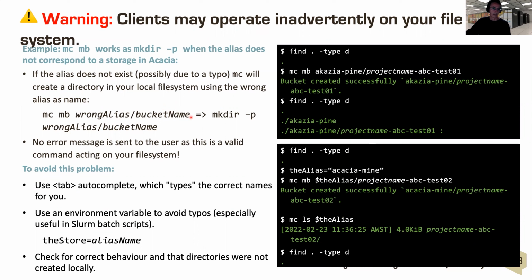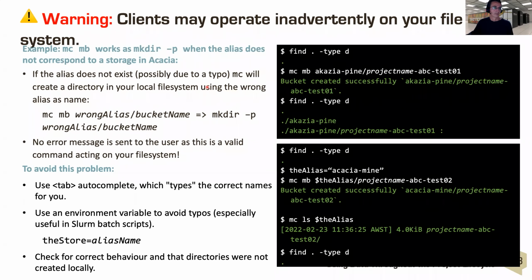Something that I think is very important, and it's a warning that you need to be aware of. I also already mentioned a little bit about it. All the clients can interact with your local file system. They are prepared to deal with different kinds of technologies, object storages, file systems, and many others. So if the command is suggesting to interact with the file system, it will interact with it.